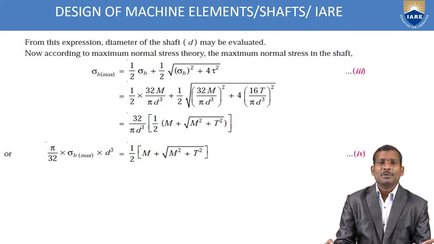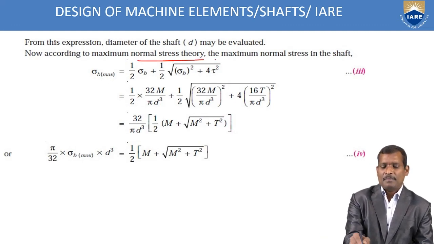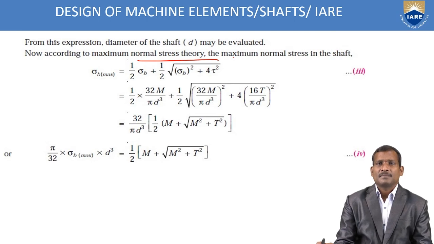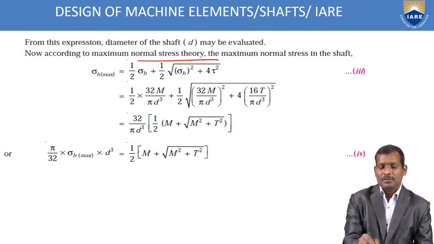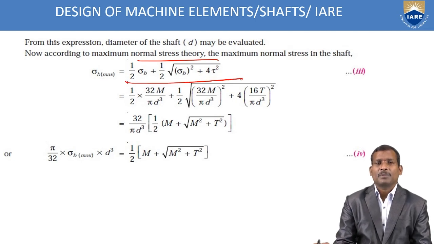Now, according to maximum normal stress theory, the second case, sigma max is equal to half of sigma b plus 1 by 2 into square root of sigma b square plus 4 tau square.